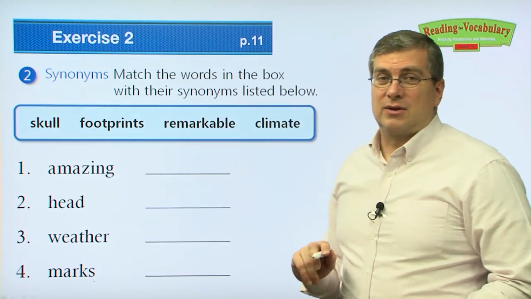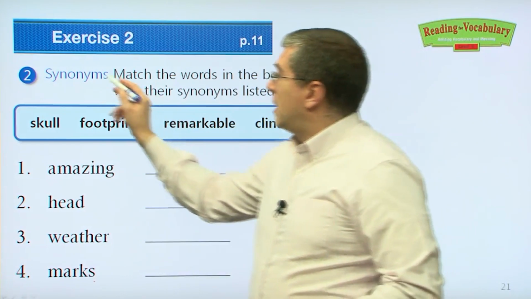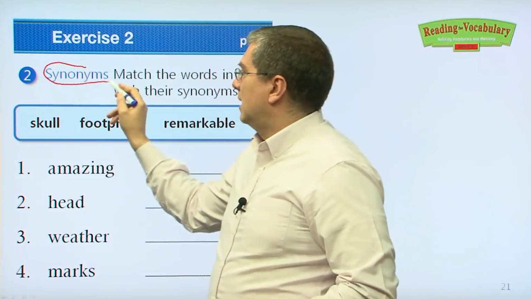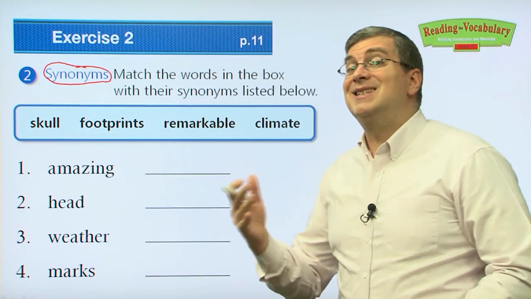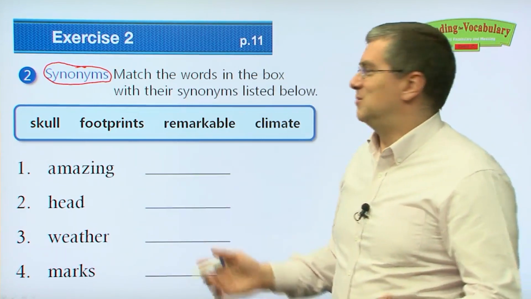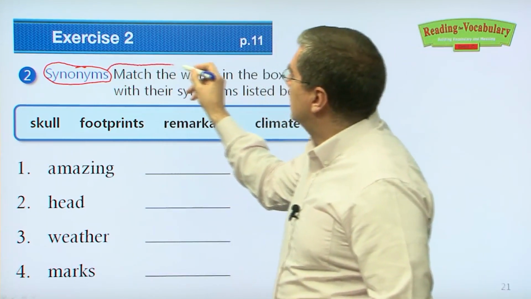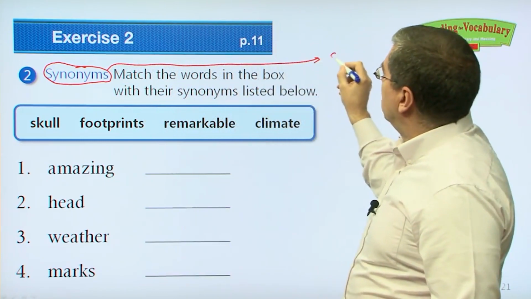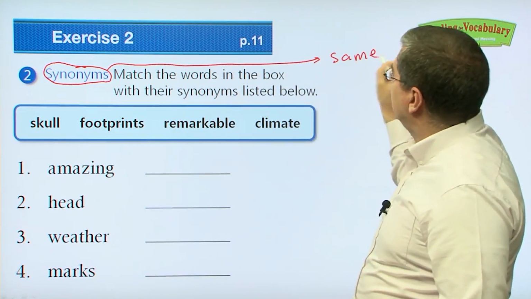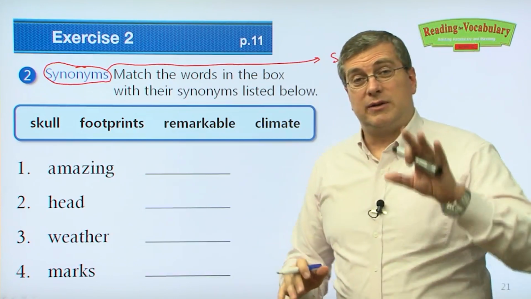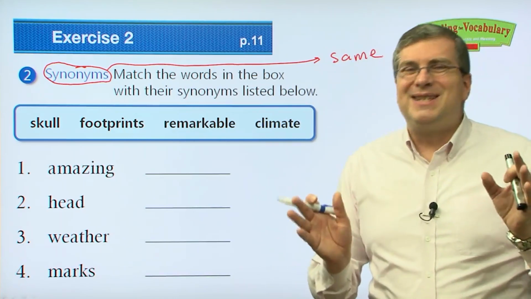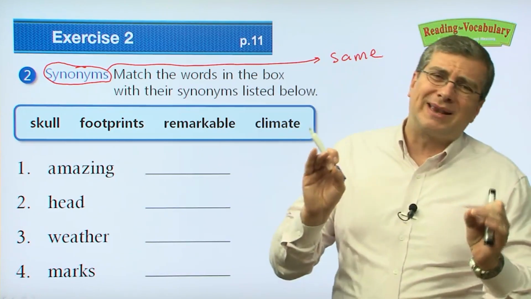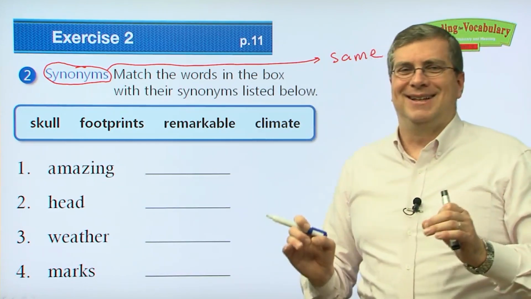Now our next exercise is talking about synonyms. Before we talked about antonyms, now we're going to talk about synonyms. What does synonym mean? Synonym is same. A synonym is a word or two words that have the same or similar meaning.